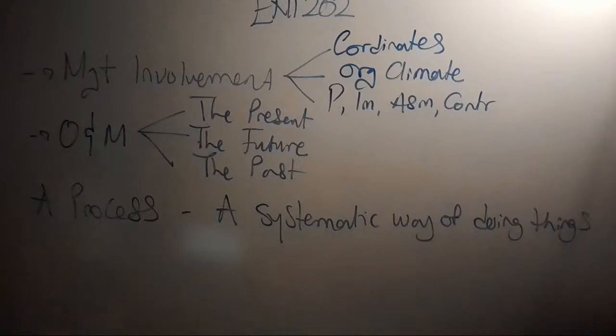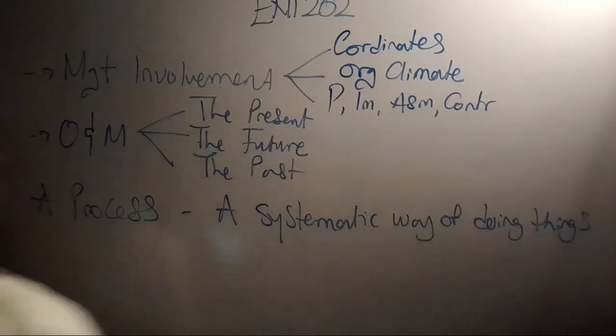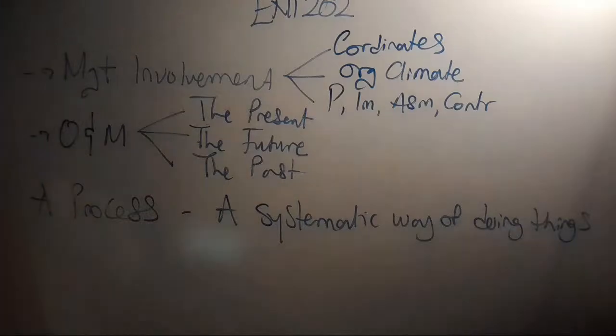We refer to management as a process to emphasize that all managers, regardless of their particular attitude or skills, engage in certain interrelated activities in order to achieve the desired goals.